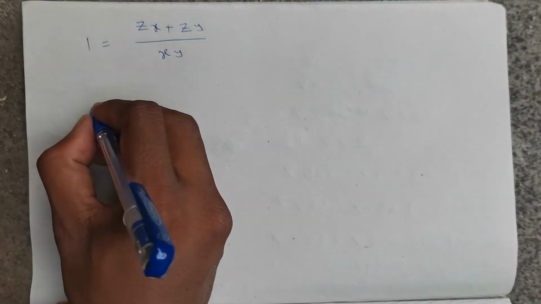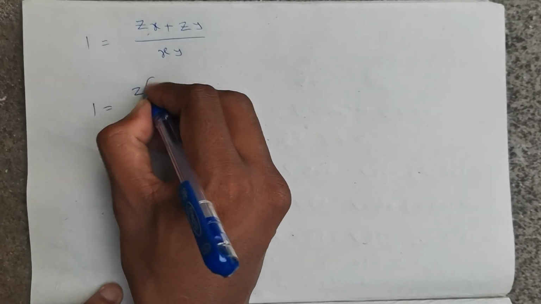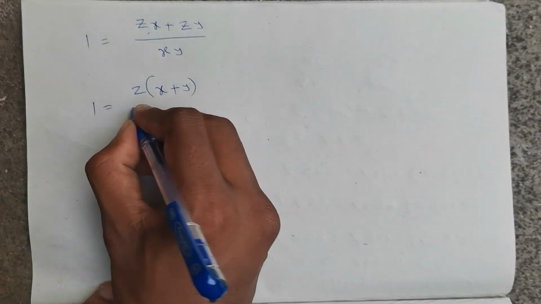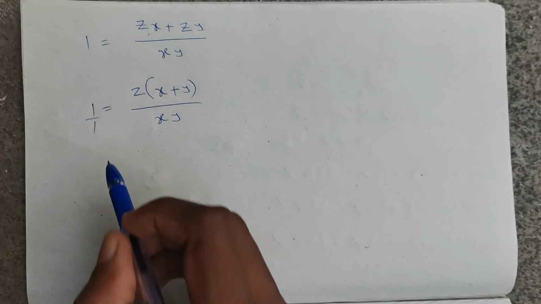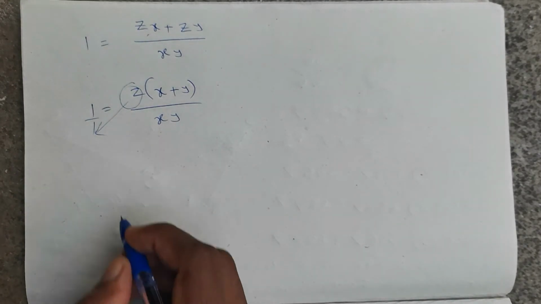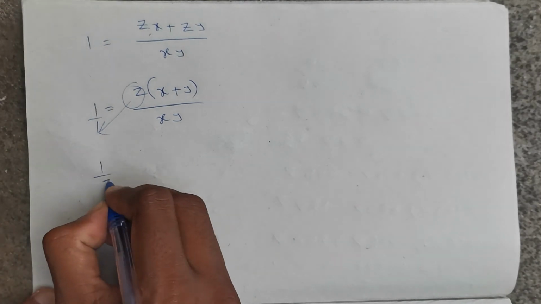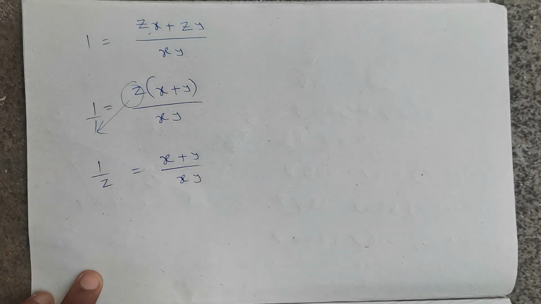So 1 is equals to, in the numerator ZX plus ZY is there, I am taking Z common, so we remain with X plus Y divided by XY. Now here 1 is nothing but 1 by 1. So I will bring this Z down, because we want 1 by Z. 1 by Z is equals to X plus Y divided by XY.